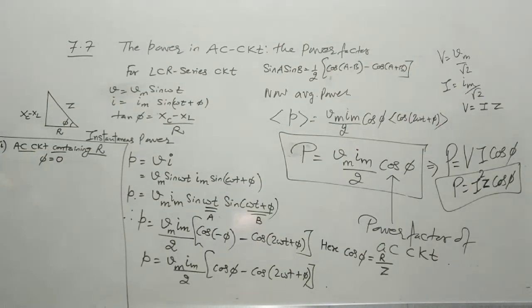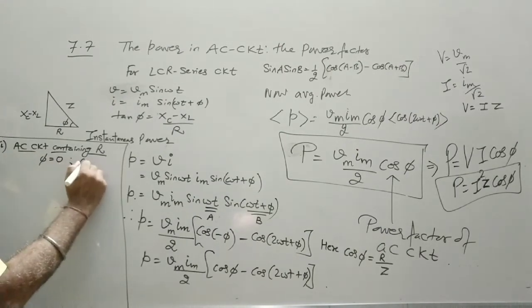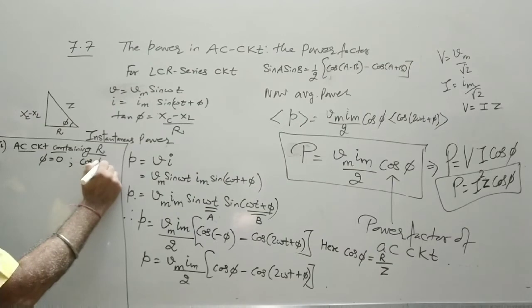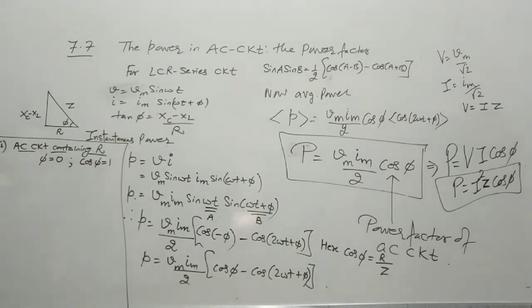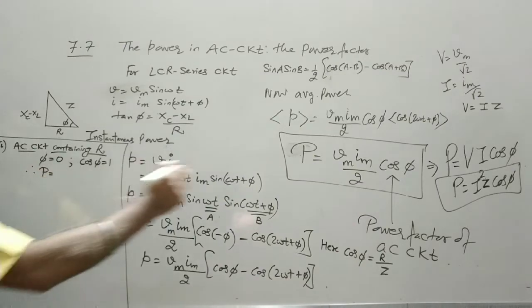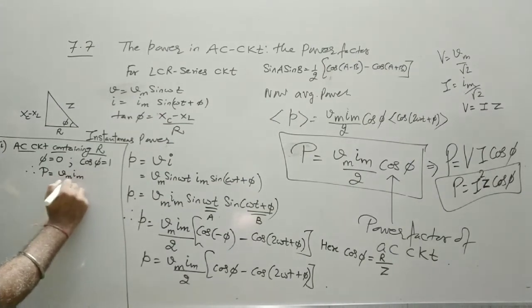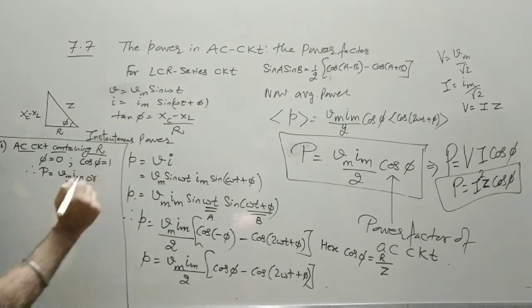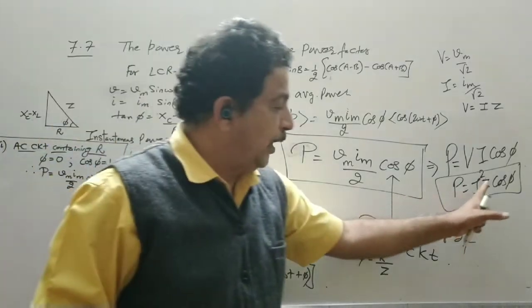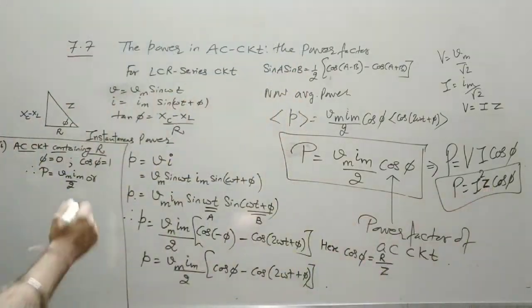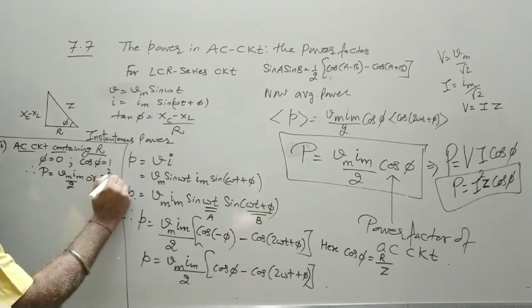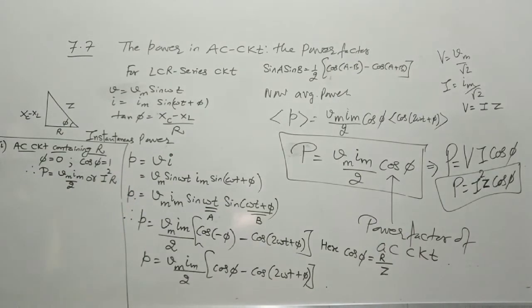That is, current and voltage are in the same phase, and therefore cos of phi, the power factor, is equal to 1, and therefore P can be written as Im Vm by 2, or I can write this as I square Z. Z means impedance, that is I square R. So this is the power factor.